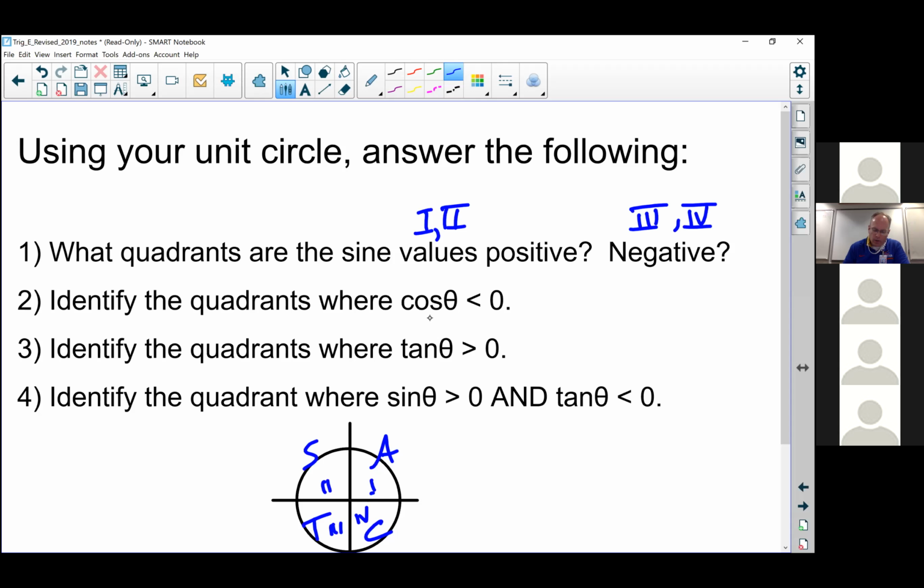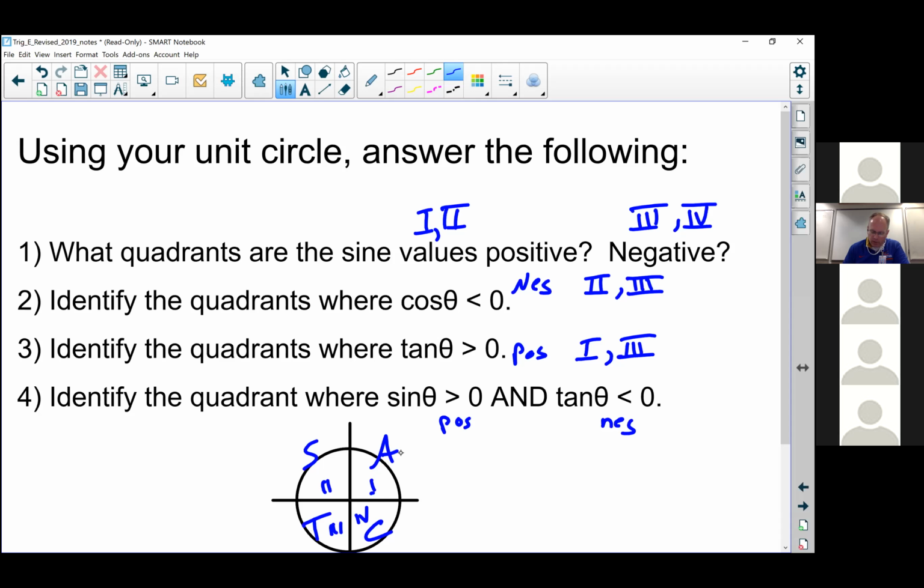Identify the quadrant where cosine is less than 0. So where is cosine negative? It's negative in 2 and 3. Where is tangent positive? Tangent's positive in quadrant 1 and also in quadrant 3. And then identify where sine is positive and tangent is negative.